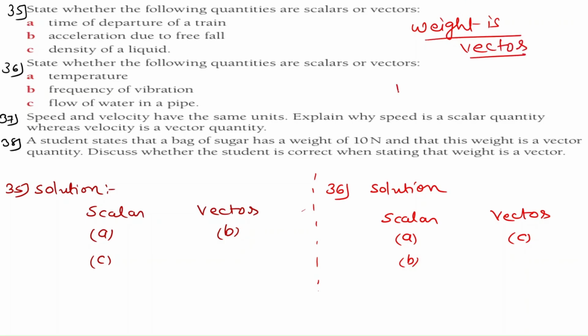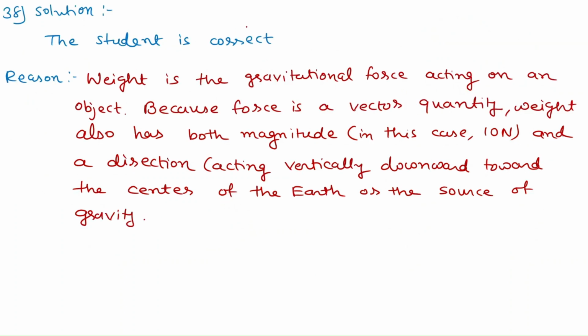On the other hand, mass is a scalar quantity. So keep in mind, some students are confused whether mass is vector or scalar, or weight is scalar. The student is correct because he says the weight is a vector quantity.